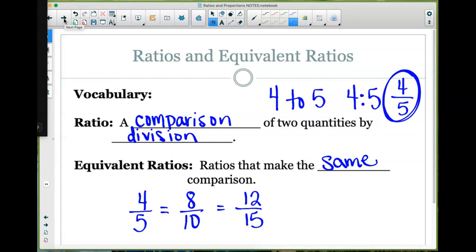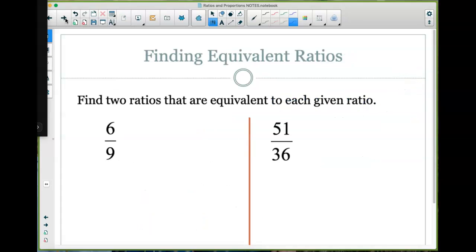Okay, so that looks like this. I'm going to give you a ratio, and you are going to write an equivalent ratio.